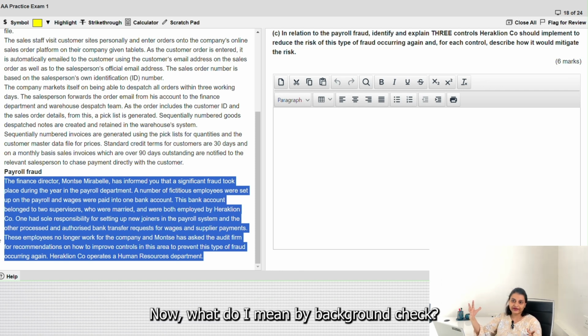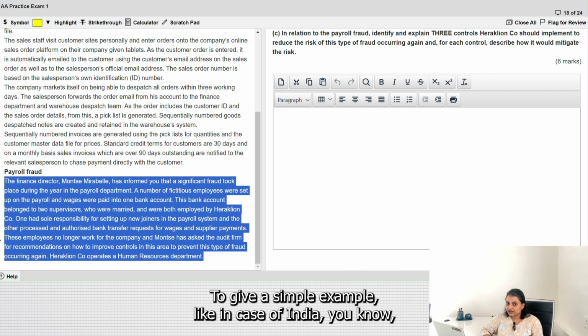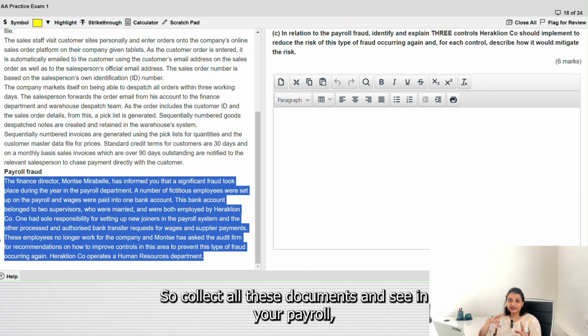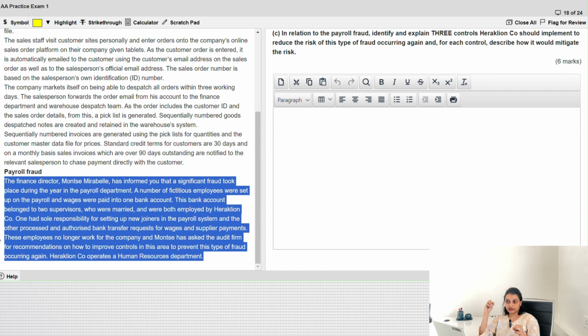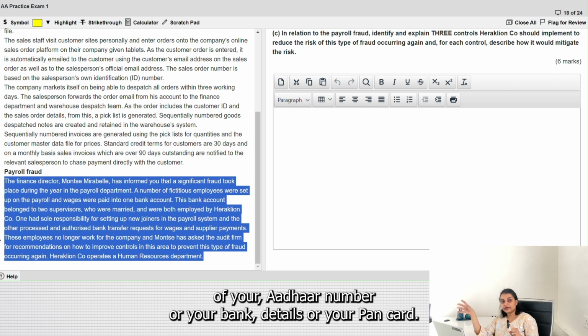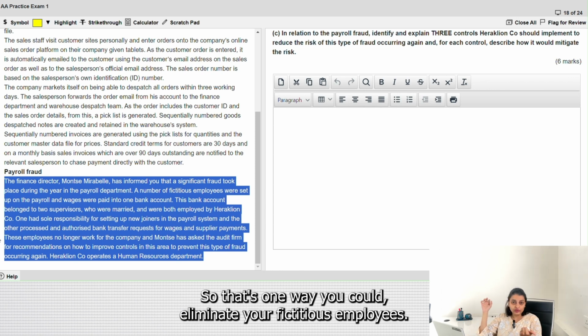Now what I mean by background check, to give a simple example, in case of India, get their Aadhaar, get their PAN card, which is very unique to every individual. So collect all these documents and have a payroll master file wherein there should be no duplication of your Aadhaar number or your bank details or your PAN card. So that's one way you could eliminate your fictitious employees.